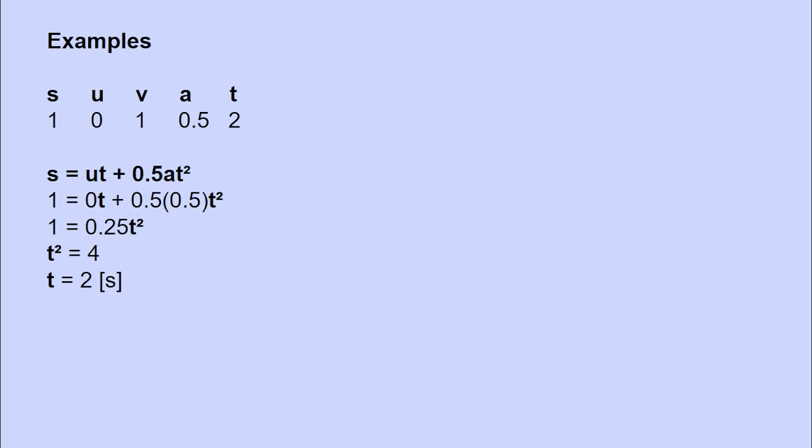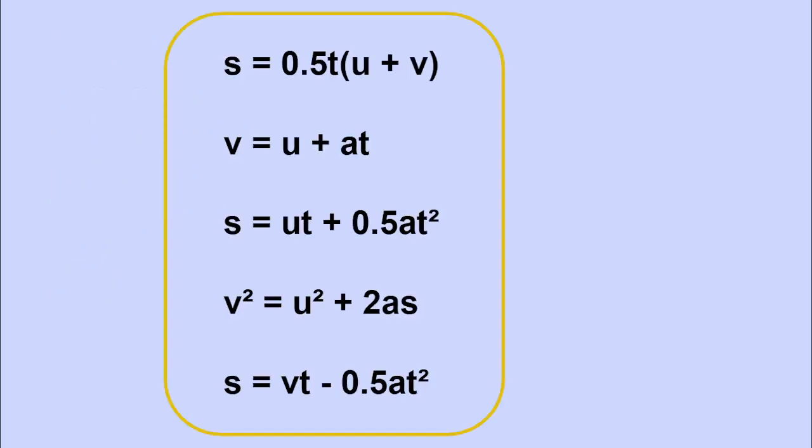Now, the t, at least in these equations, can only adopt positive values. t equals 2 seconds. Here we have the 5 SUVAT equations. I recommend you commit these to memory.